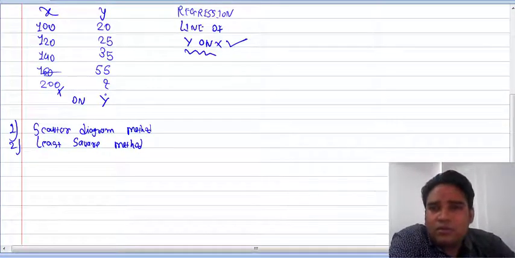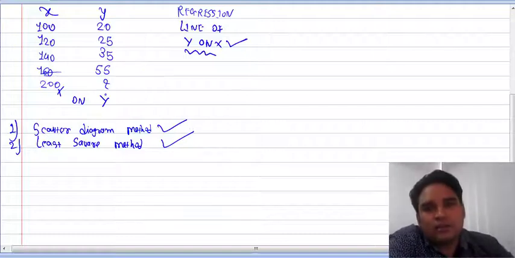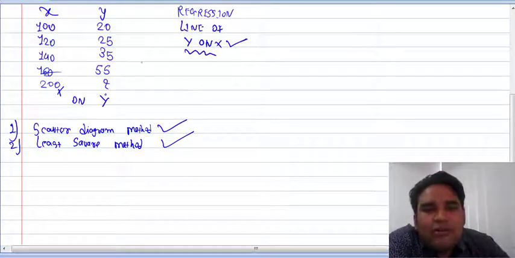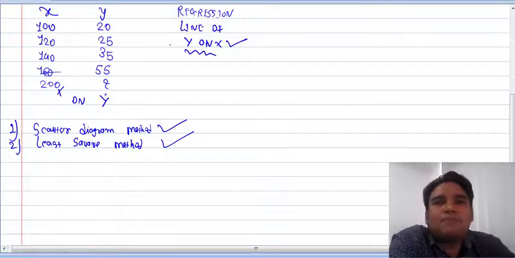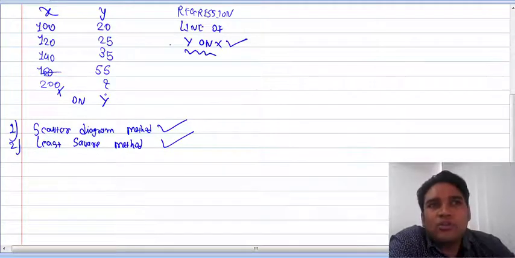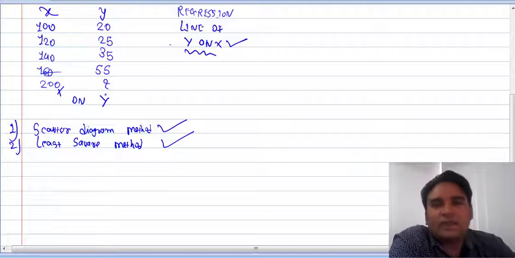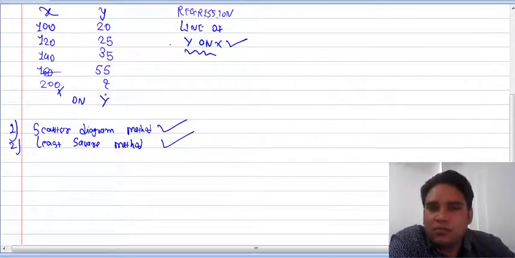Now there are 2 methods to estimate the value of Y. The first one is the scatter diagram method and the second one is the least square method, right? The scatter diagram method is not expected in the examination, as I discussed in correlation also. MCQ or theory questions can be asked, but a practical question is not expected in the board examination.